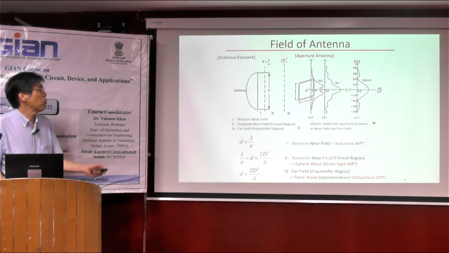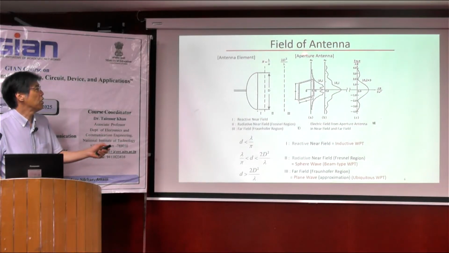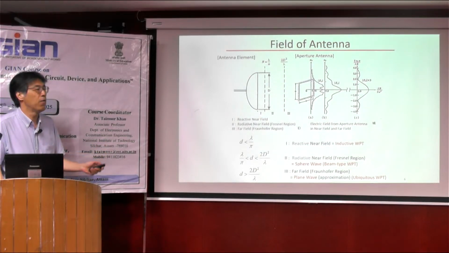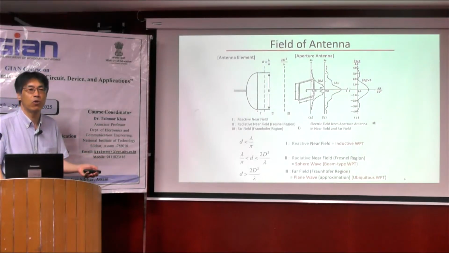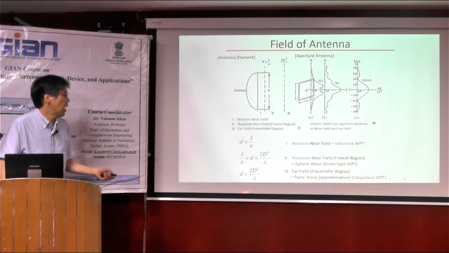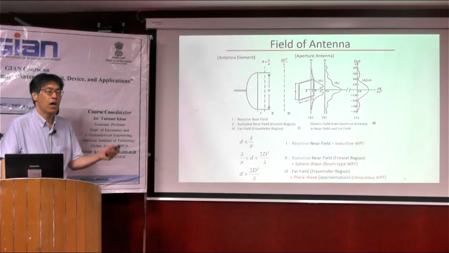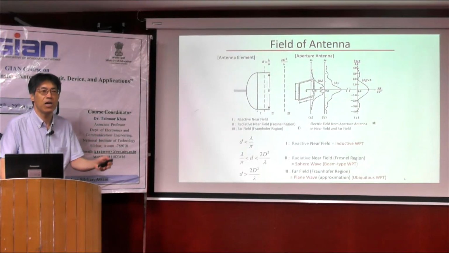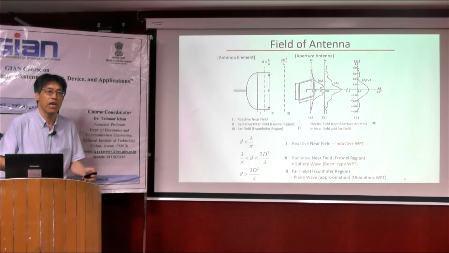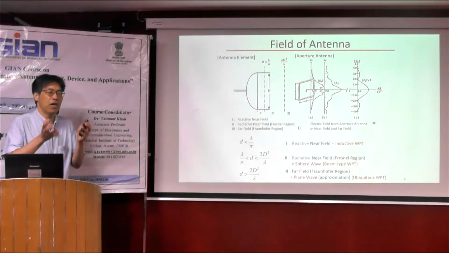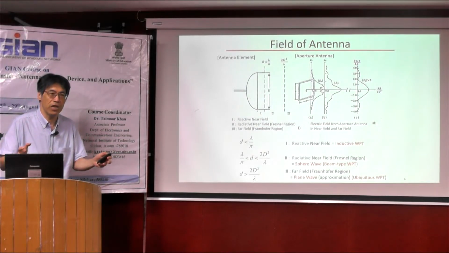And this is the most important figure in my talk today. It is a category of the field of antenna by distance. Usually, you use your mobile phone, Wi-Fi, or PC in the far field, the far region. In this region, the distance between transmitter and receiver is very, very long. As I mentioned yesterday, by Maxwell's equations, a radio wave expands omnidirectionally at first.